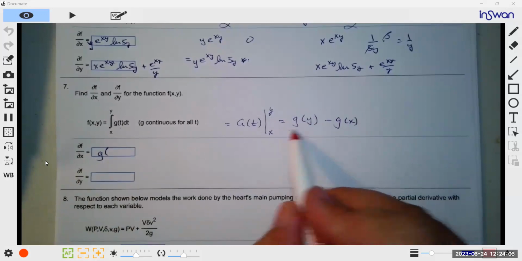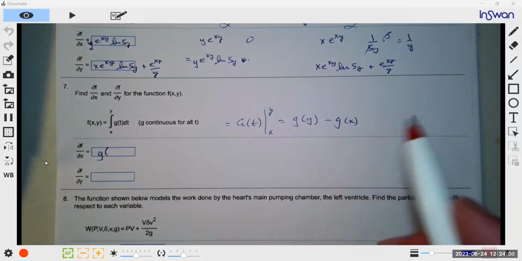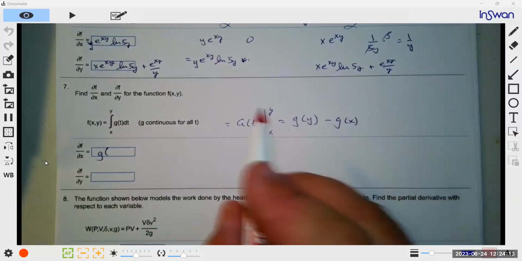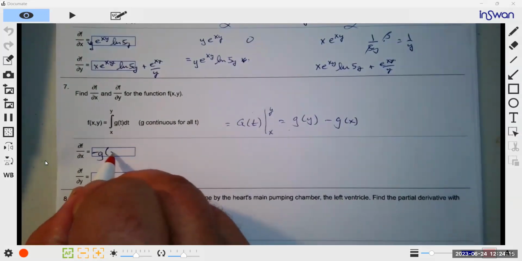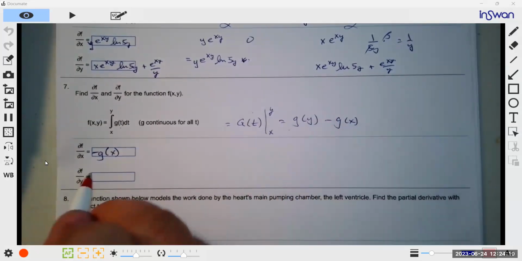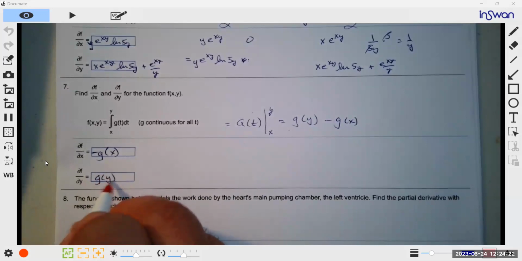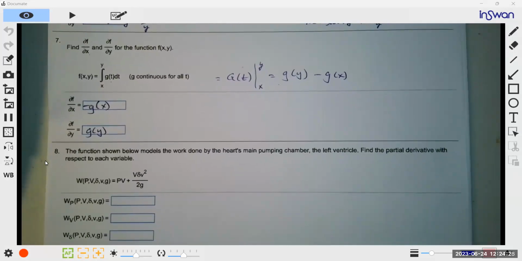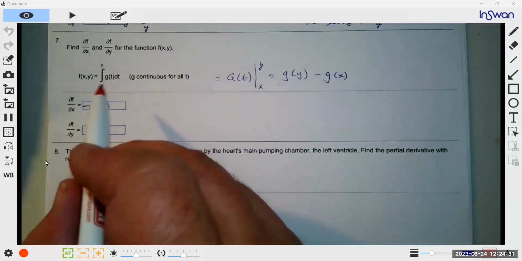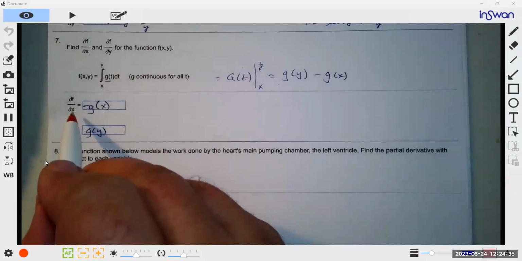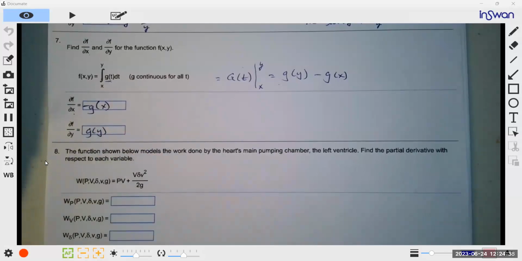The partial with respect to x of this is negative g of x, and the partial with respect to y is g of y, because the x disappears. So basically, the derivative of the integral is just the function itself. Since we're doing it with respect to x, we're only taking the x value.